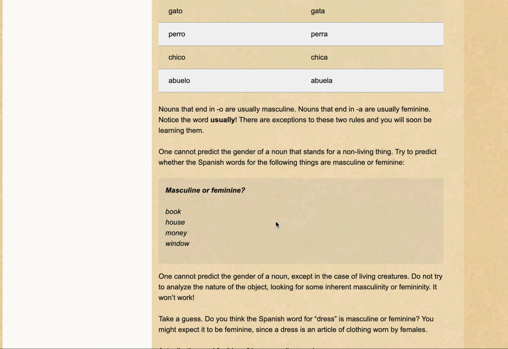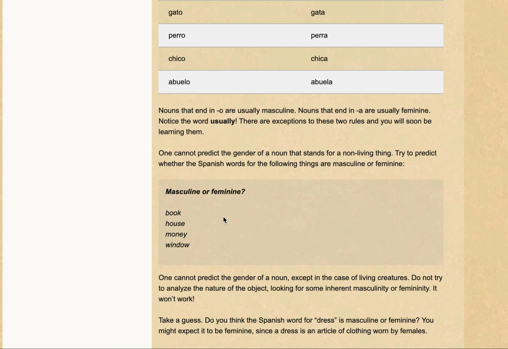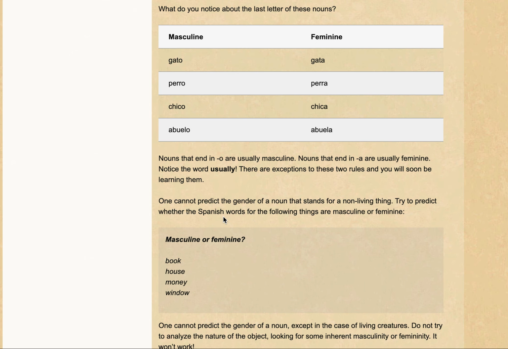So try to predict whether the Spanish words for the following things are masculine or feminine. Book, house, money, window. There is no way you can predict, right? But I know for a fact that book means libro, and libro ends with an O. Usually you think that because it ends with an O, it should be masculine and therefore prefixed by el.